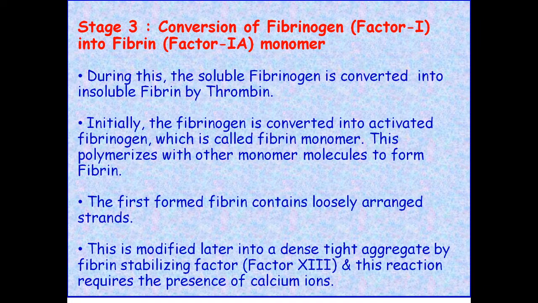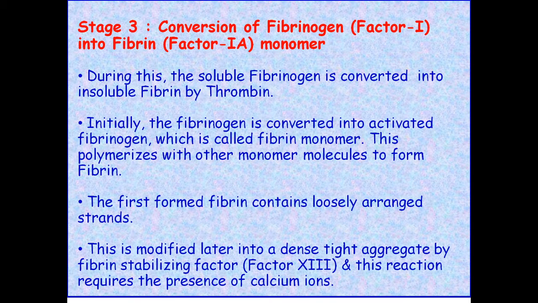Then stage 3 is the conversion of fibrinogen, that is factor 1, into fibrin, that is factor 1A, monomer. During this, the soluble fibrinogen is converted into insoluble fibrin by the thrombin. Initially, the fibrinogen is converted into activated fibrinogen, which is called a fibrin monomer.